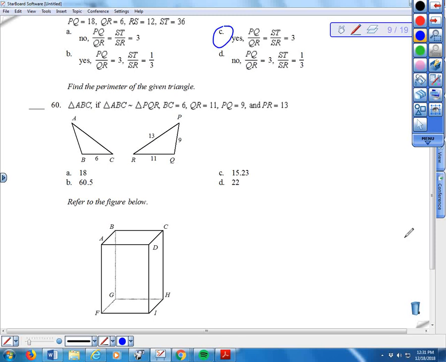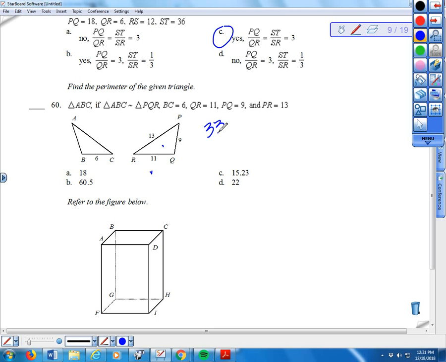Okay, find the perimeter. If they're similar, all I need to do is find the perimeter of this one, figure out the scale factor, and then use that scale factor to find the perimeter of the second. So the perimeter of this one is 33. What's the scale factor? ABC, PQR. So QR and BC.